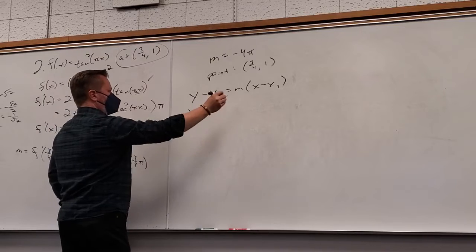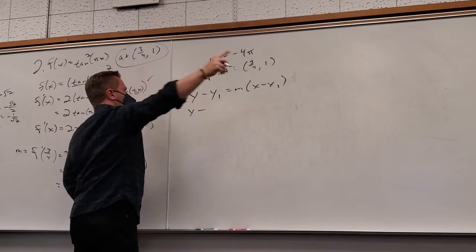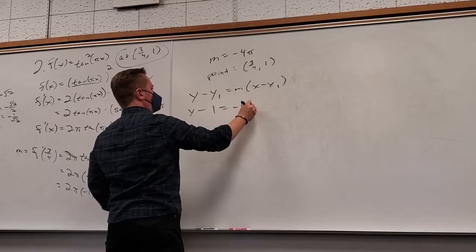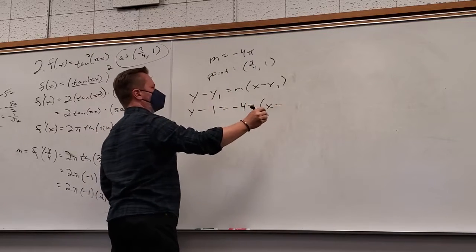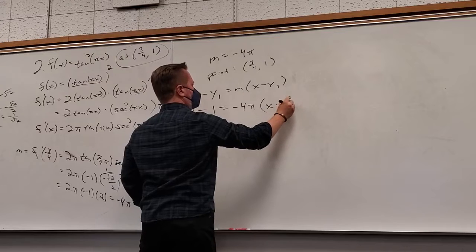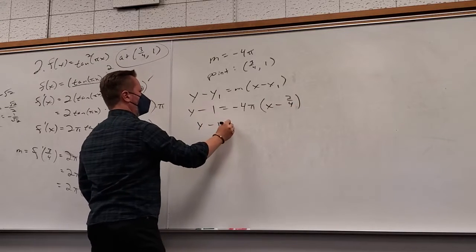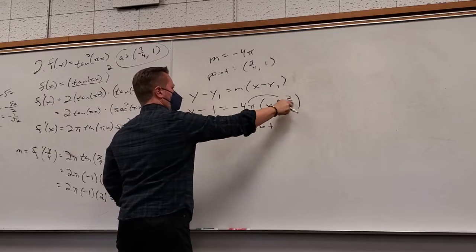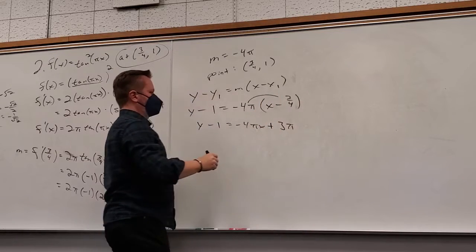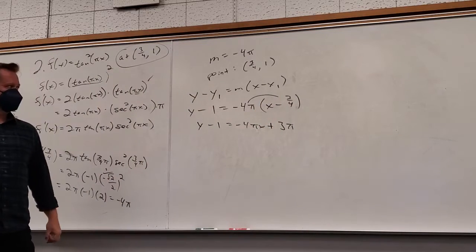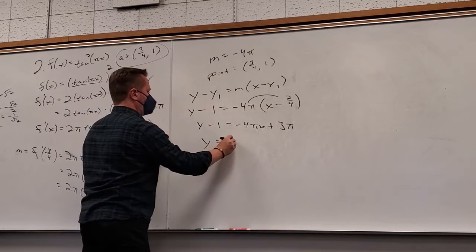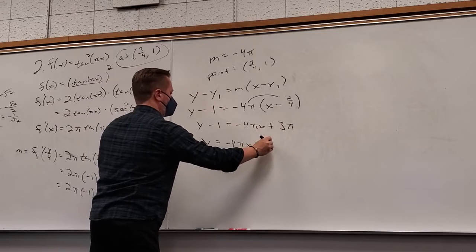So y minus 1, the y piece, equals negative 4 pi times x minus 3/4. Oh, that's so yummy. Y minus 1 equals negative 4 pi x plus 3 pi. So y equals negative 4 pi x plus 3 pi plus 1.